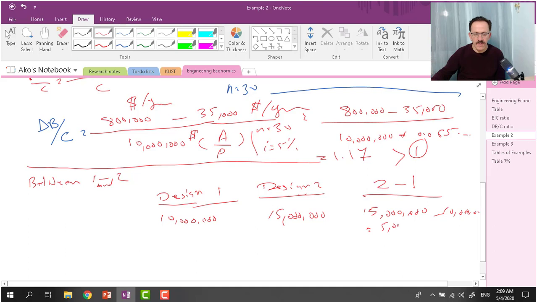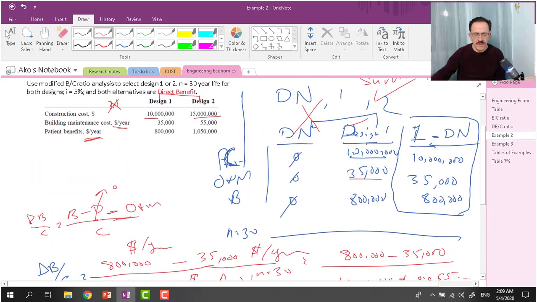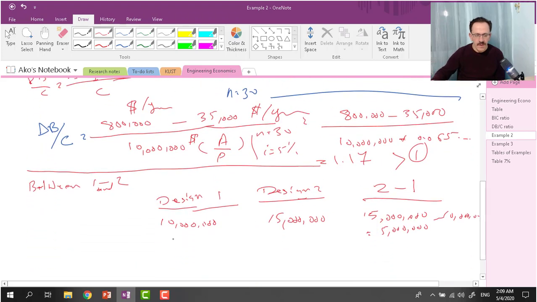Second, we subtract 55 minus 35. This is 35,000, this is 55,000, so 55 minus 35 dollars per year means $20,000 per year.